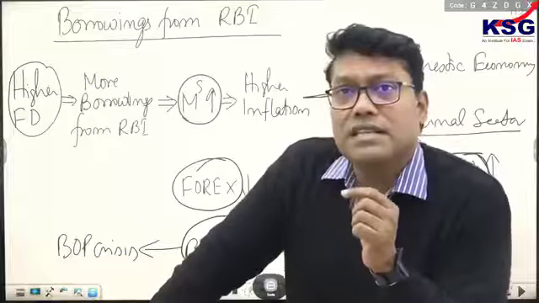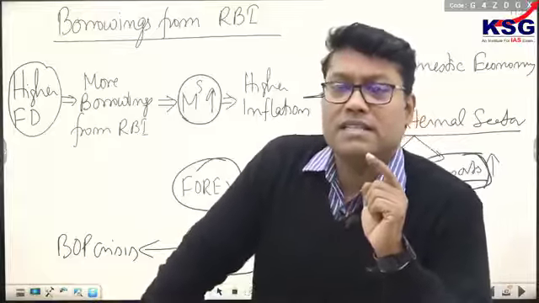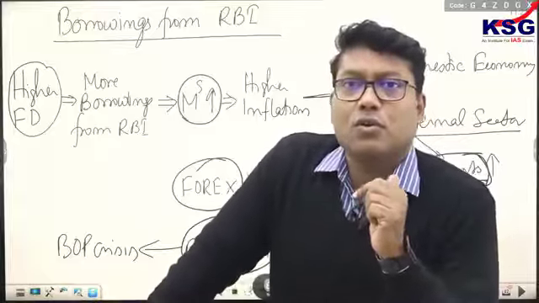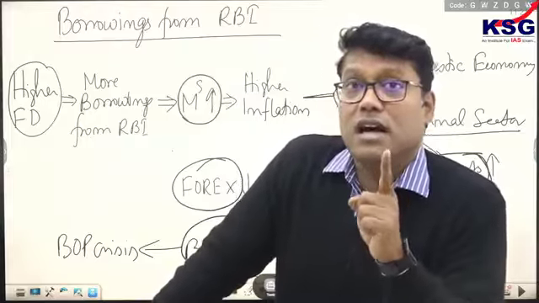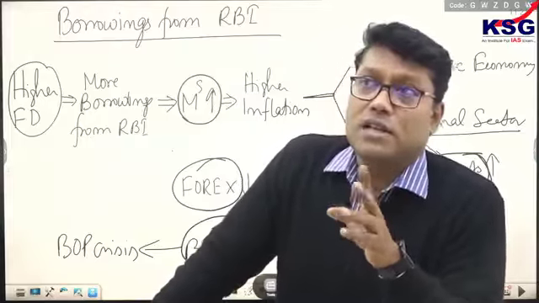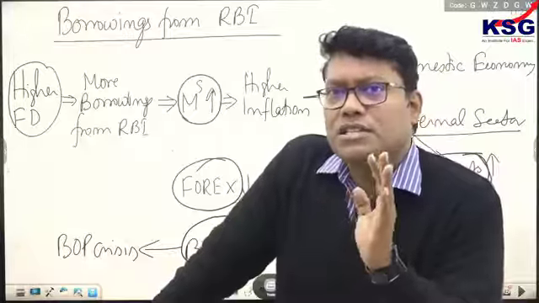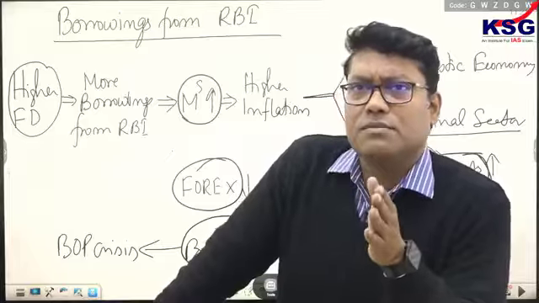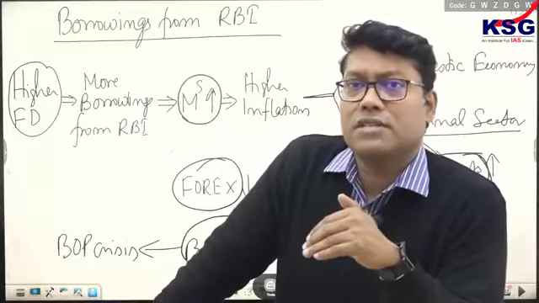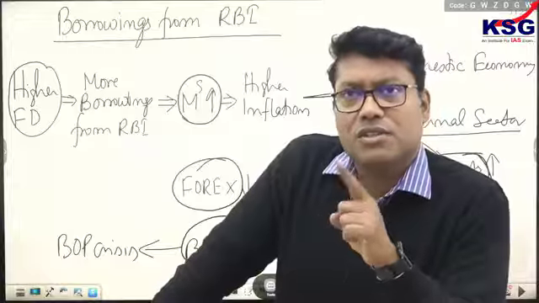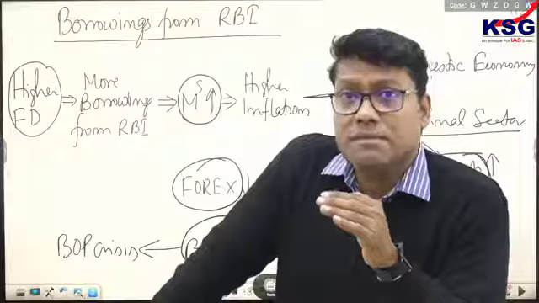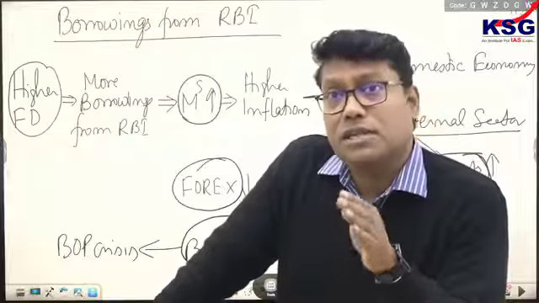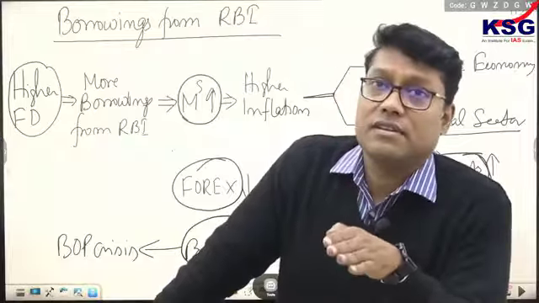So when you go and see the 1991 BOP crisis in India and find out the reasons behind it, one of the reasons was a higher fiscal deficit. At that time we were saying budgetary deficit. I will tell you the difference between budgetary deficit and fiscal deficit after this. The fiscal deficit is the new definition that we accepted in place of budgetary deficit in 1997.